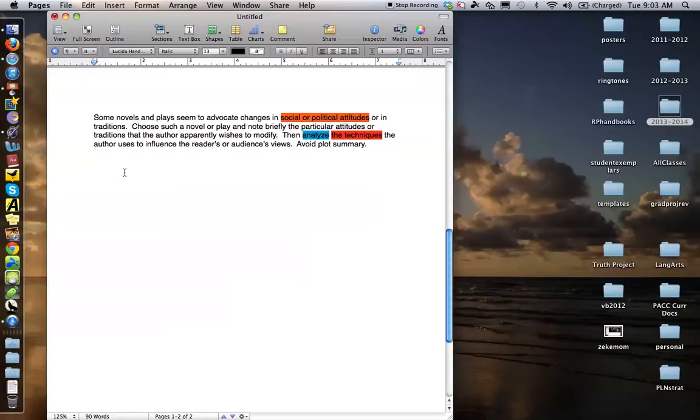The next step is to consider the different contexts. So if I'm looking at this particular prompt and I'm thinking about the novel To Kill a Mockingbird, the attitudes or traditions that I think that she wishes to modify would be racism, sexism, classism, and hypocrisy.